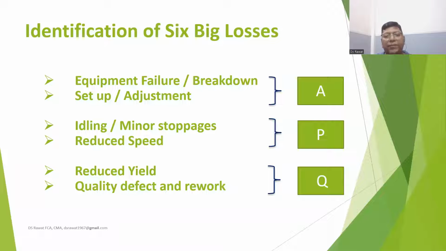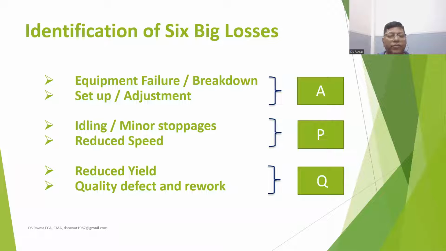And then second is the P, which is the performance. Performance of the machine comes when the machine is running at full speed. Suppose the machine runs at 300 meters per minute.